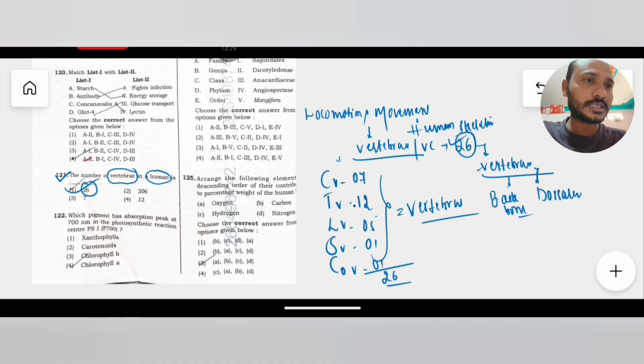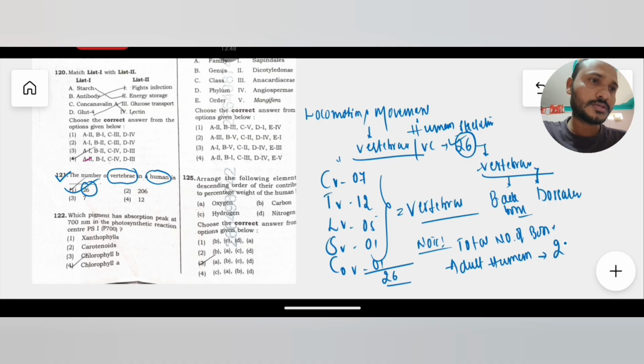Now 206 is the total number of bones in an adult human. Among the 206, 26 are vertebral column bones. So the right answer is 26.